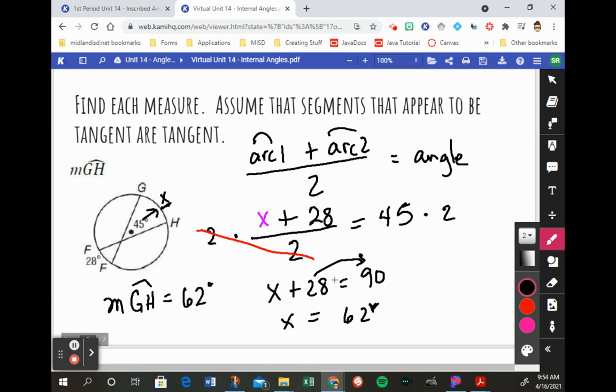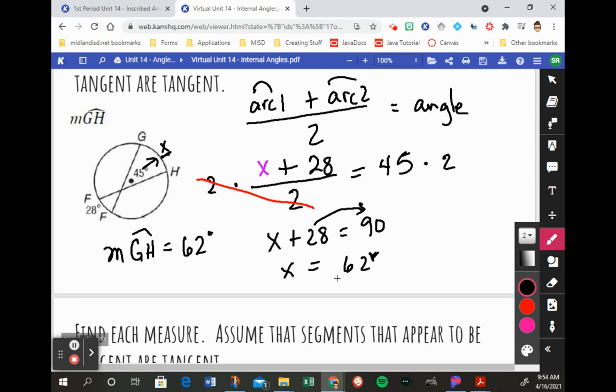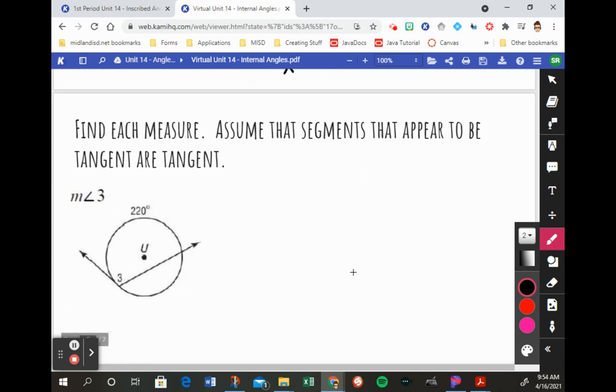All right. Let's try another one. Remember that for this one, the angle is equal to 1/2 the arc. Make sure I'm right on that.